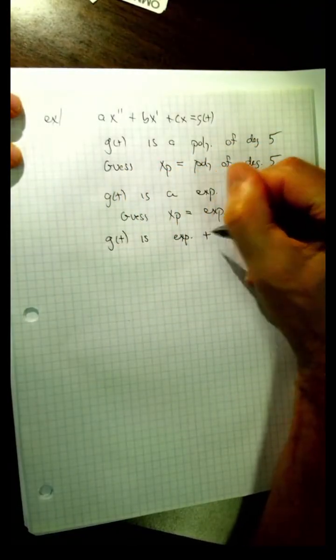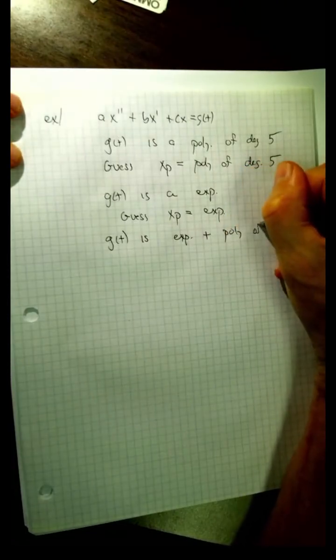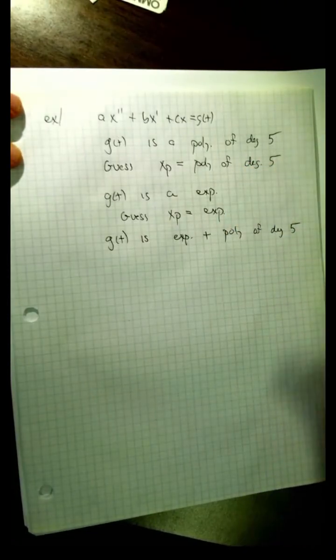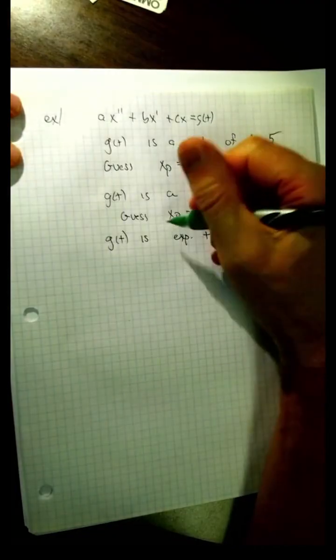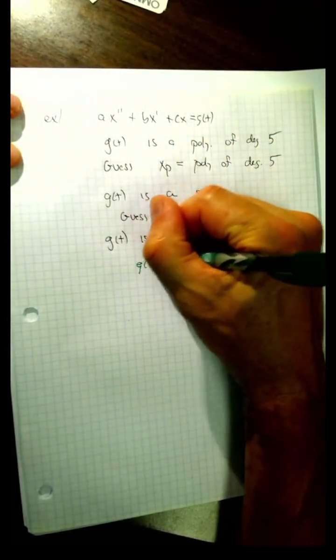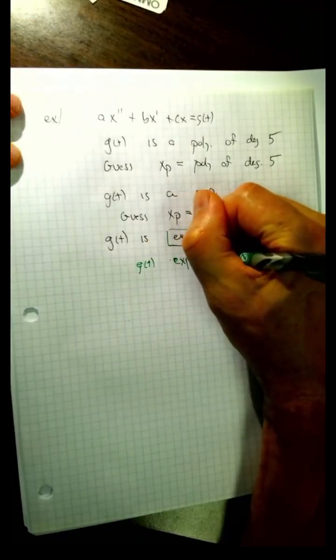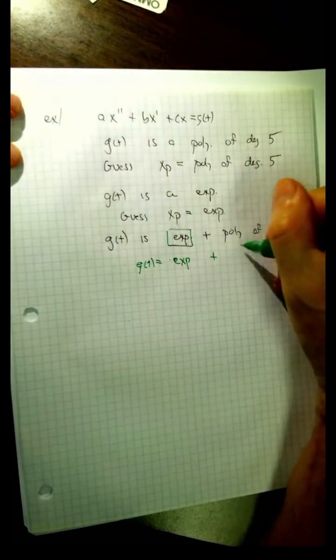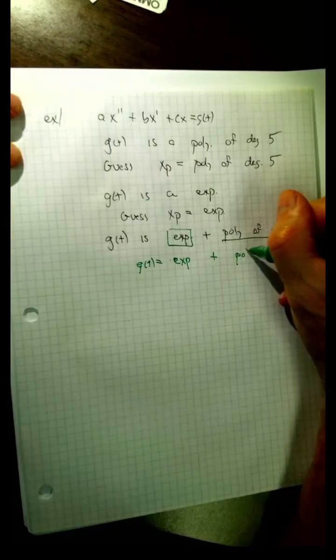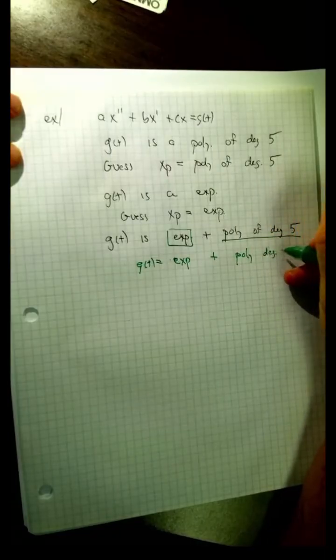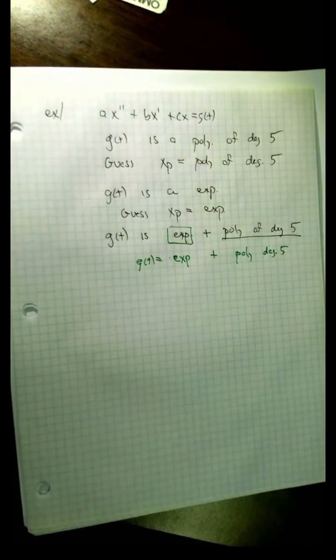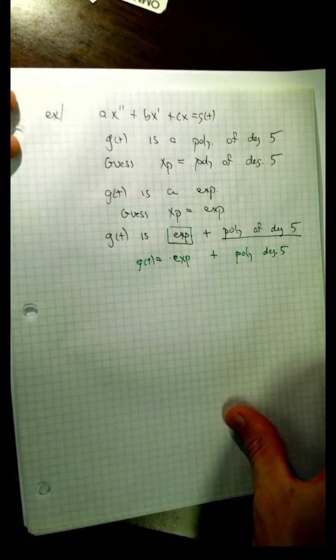If your g of t is an exponential plus a polynomial of degree 5, then you're going to treat each of these separately. For this, you're going to use an exponential, and then for this, you're going to use a polynomial of degree 5, and you're just going to add those things together, plug them in, and ask, what does that imply? Okay.